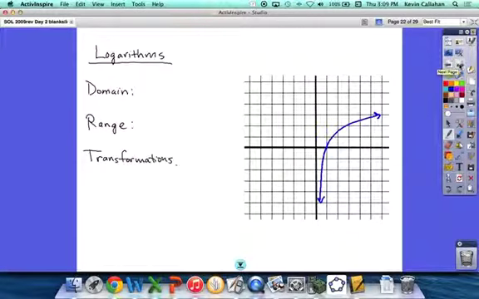Right? A logarithm, we learned, is the inverse of an exponential. So if I have f of x equals 2 to the x, then the inverse is log base 2 of x. So whereas the exponential had an asymptote on the x-axis, the logarithm has an asymptote on the y-axis.